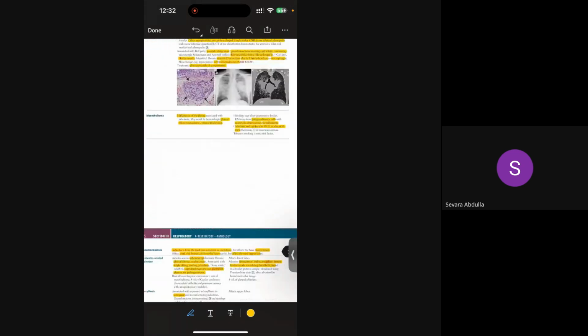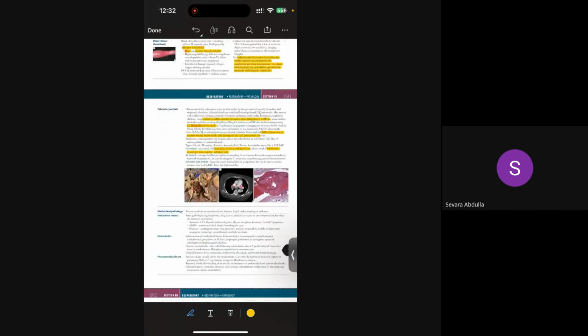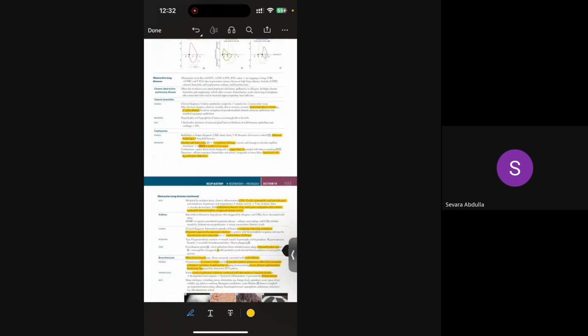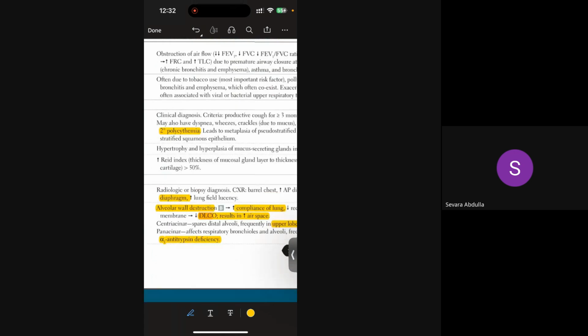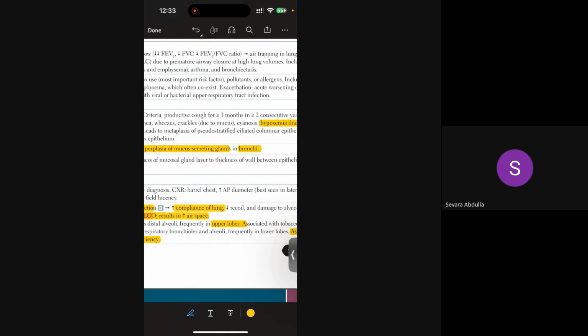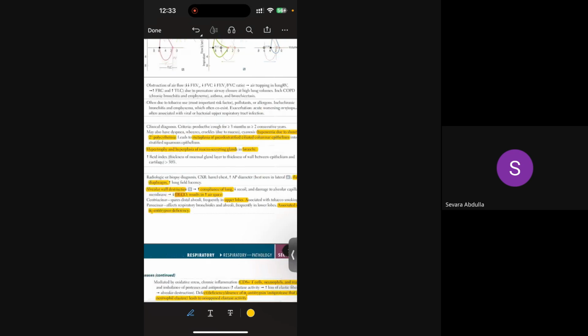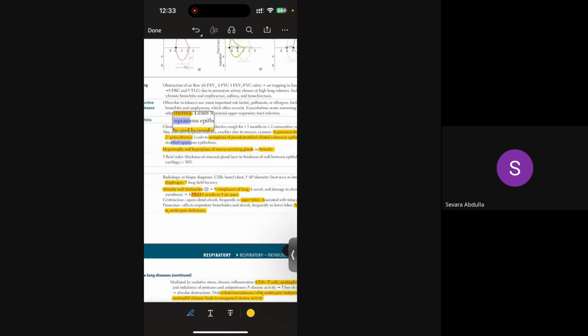Now coming to chronic bronchitis. Here it is. Hyperplasia and hypertrophy of mucus secreting glands in the bronchi, and metaplasia of pseudostratified ciliated columnar epithelium into stratified squamous.